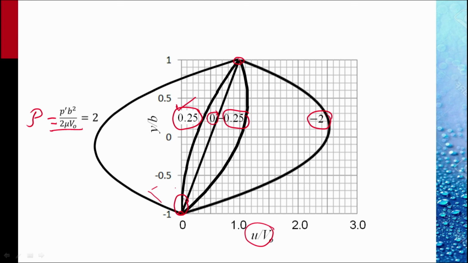That means at this pressure gradient, the lower plate does not experience any shear stress. If the velocity gradient is 0, that means the shear stress is 0.